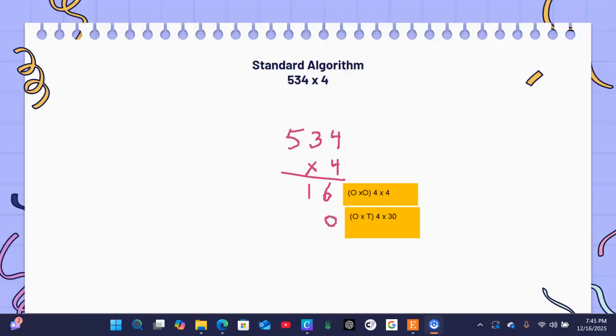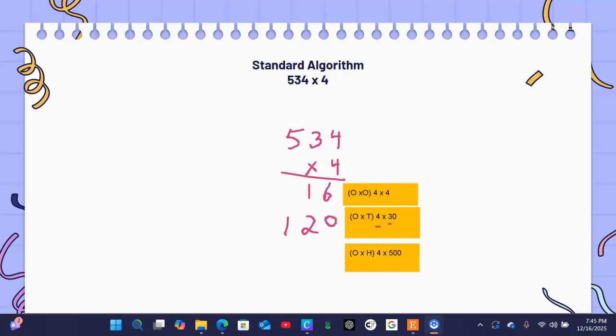And again, 4 times 3 equals 12. And then we'll do our next one, which is our ones place times our hundreds place. And that will be 4 times 500.